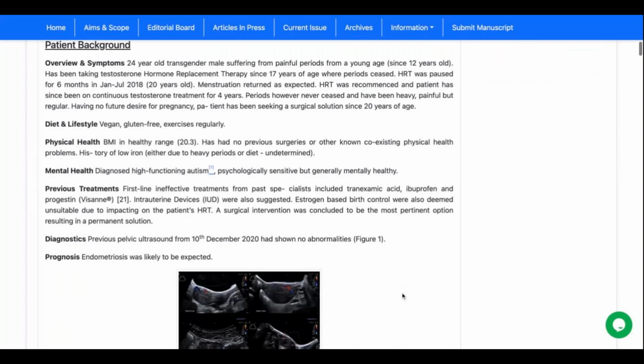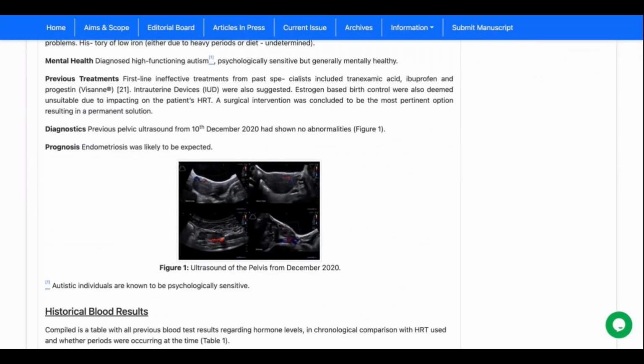Usually with endometriosis, until you actually go in the abdomen laparoscopically and do an inspection of the inside, you won't find out if there's endometriosis or not. But usually a good indication is if the patient complains of pain during periods.